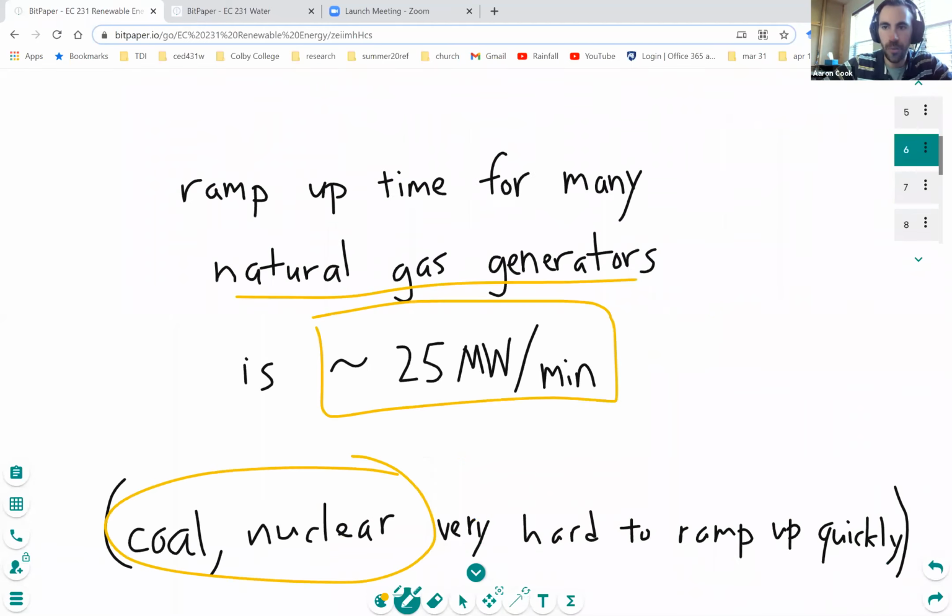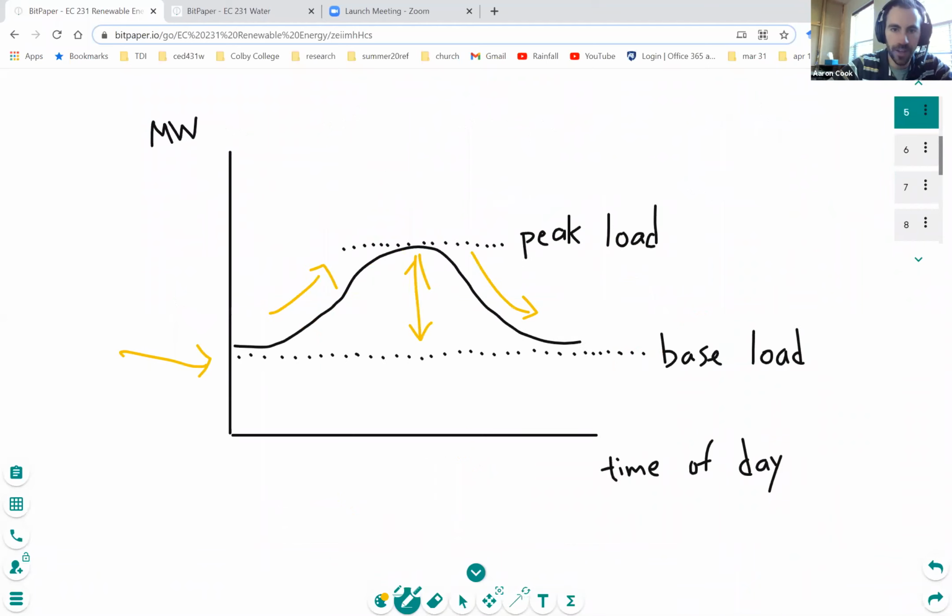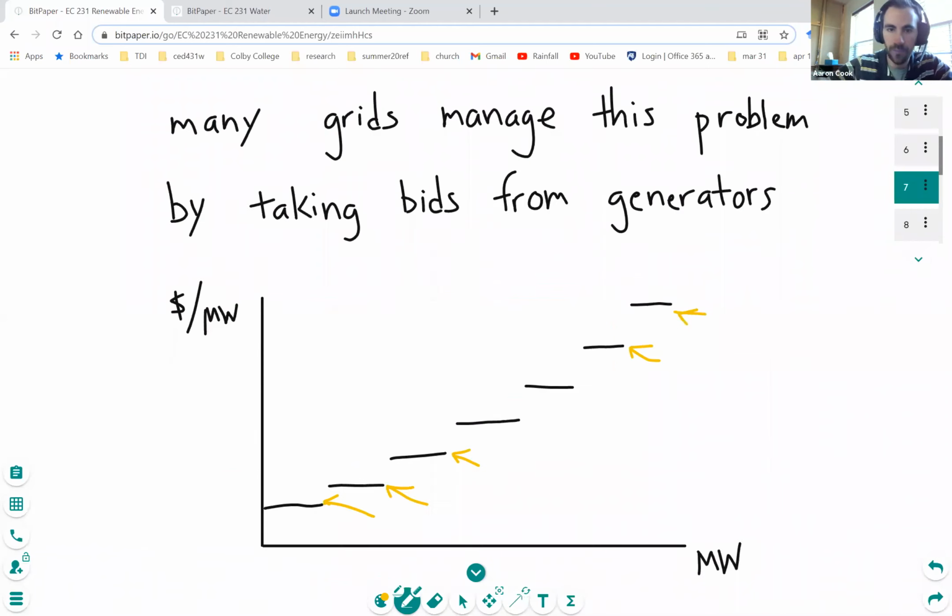Then the operator is going to consider, okay, what's my demand? Maybe this is the market for 4 p.m. to 4:05 p.m. during the day. These markets are very narrowly defined in time, where there are separate markets for different 5-minute intervals across the day when these generators are submitting bids.